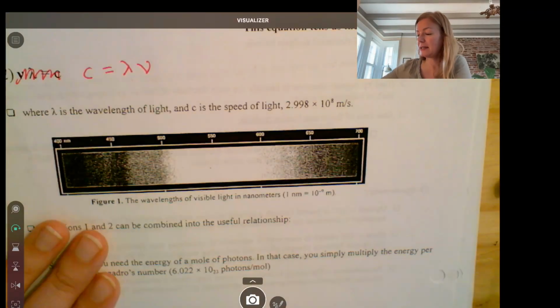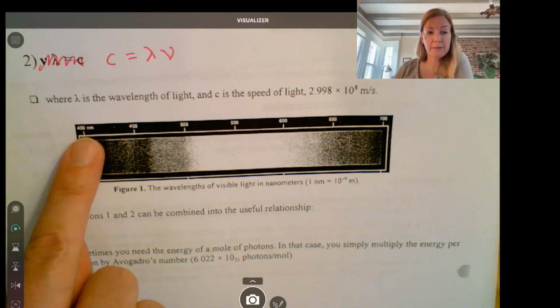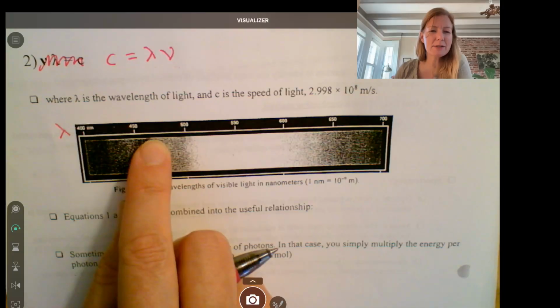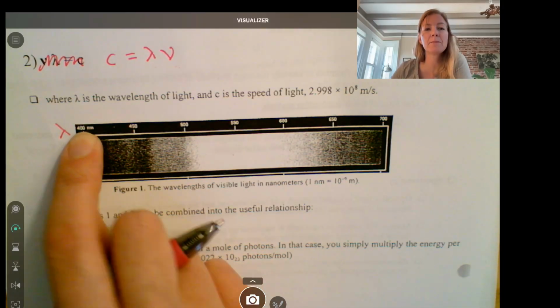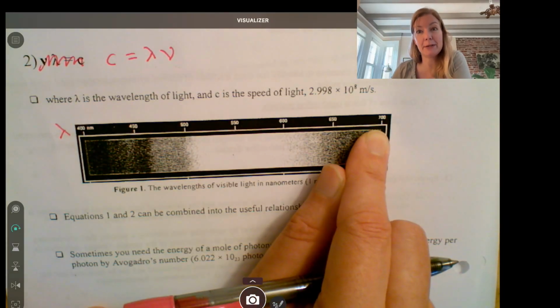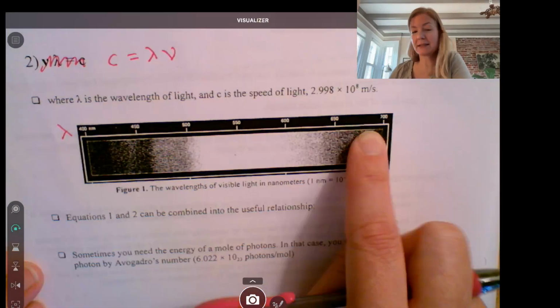So get used to seeing it in this way, where this is the wavelength, okay? When you see meters, this is nanometers, but when you see a length, they're talking about wavelength, okay? So you can see the wavelength is getting bigger and bigger and bigger, okay? Whereas in this way, the wavelength got smaller. They flipped it. Here, the wavelength is getting bigger.